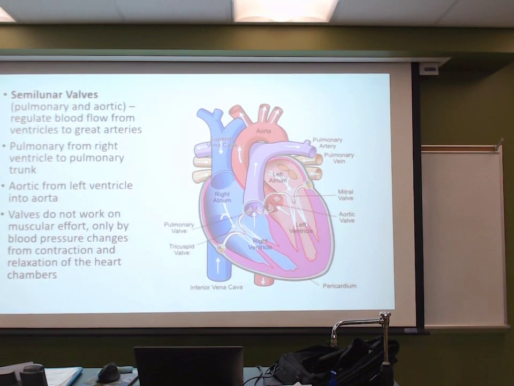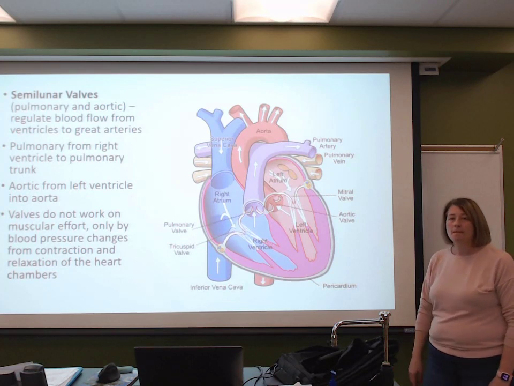They help regulate blood flow from a ventricle to the great vessels. Once again, they do not work on muscular effort. It is based upon blood pressure changes when the heart contracts and relaxes.